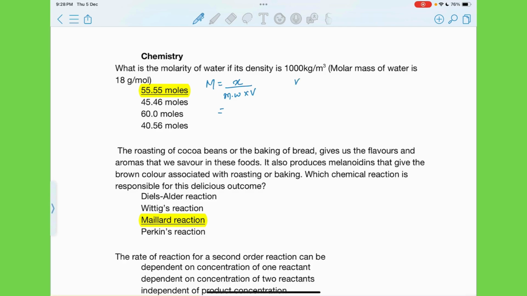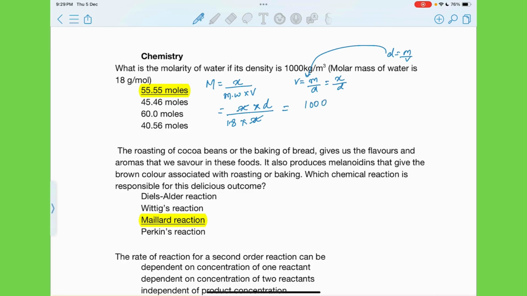if we do for the volume conversion, we know that density is equal to mass by volume. So the volume will be equal to mass upon the density. Here mass, which we have taken, is X, so X upon D. So X upon molar mass, which is 18 into X upon D. So this X cancels.